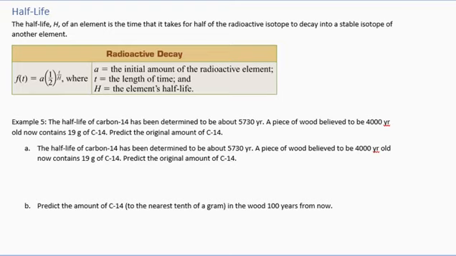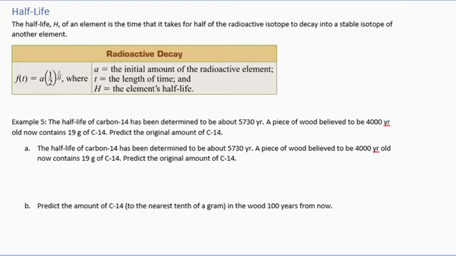So there's a formula for this, radioactive decay, where you have your function in terms of t, a length of time, equals A, which again is the initial amount, just like the last function we were looking at, times half, which is still kind of a percentage, 50% or half, to the t over h. And h, that capital H, is the element's half-life.